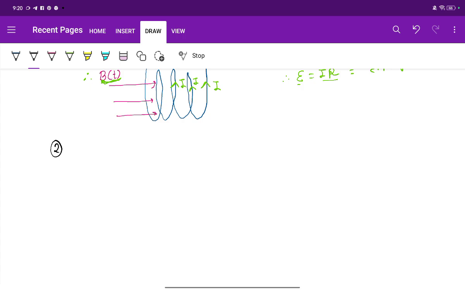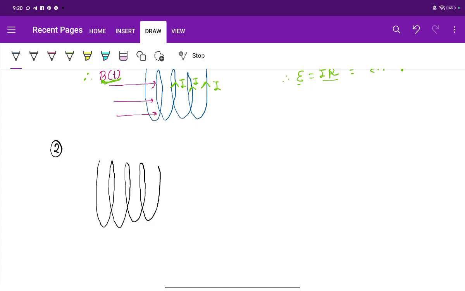The magnitude of the induced EMF in a circuit is equal to the time rate of change of magnetic flux through the circuit. Let's say this is our coil.